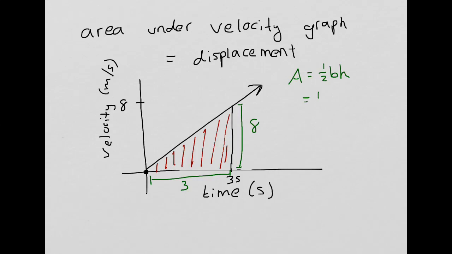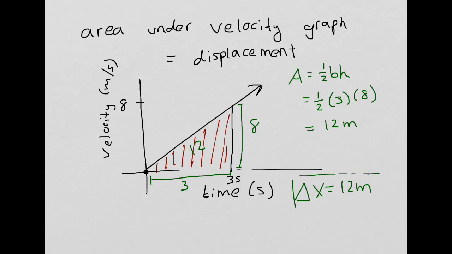So it's going to be 1/2 times the base, which is 3, times the height, which is 8. So that gives you 12. And that's measured in meters. So the area under the curve here is 12. And that also means that my displacement, or delta x, in this case is 12 meters. Alright, so we're starting to see maybe a bit of a relationship here. Let's look at another example.